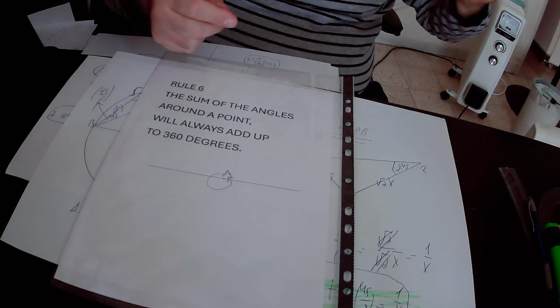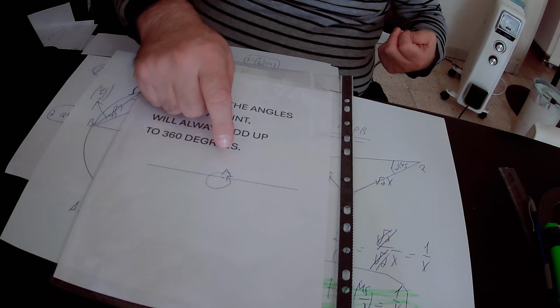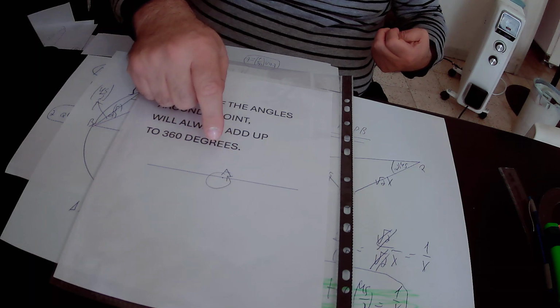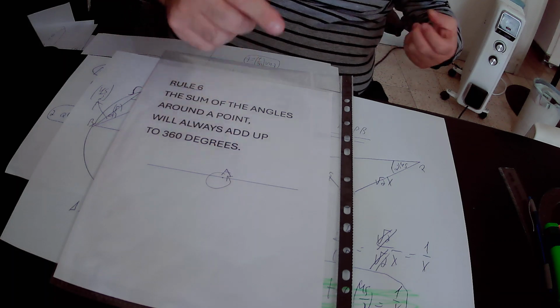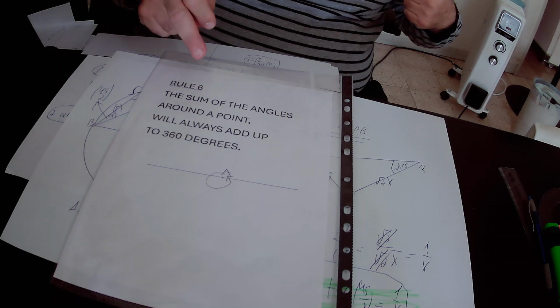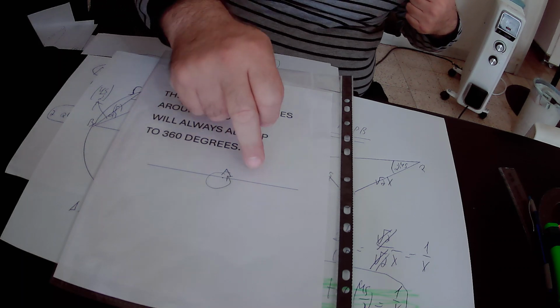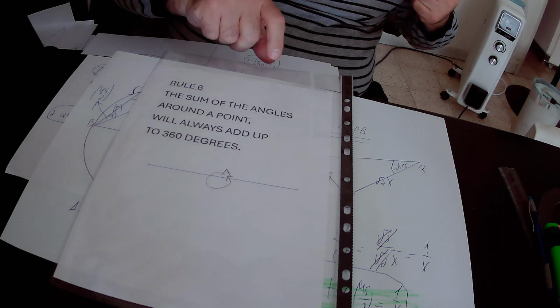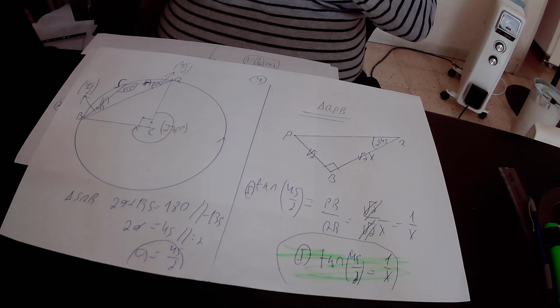So in total, the sum of the angles around point A must be equal to 180 degrees plus 180 degrees, that is 360 degrees. Exactly according to this rule that states that the sum of the angles around point A must be equal to 360 degrees. We can implement rule number 6 in our drawing.